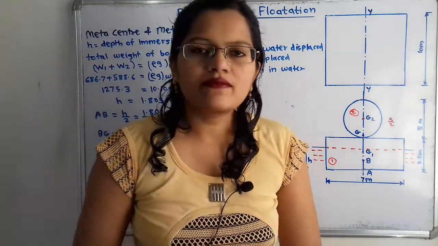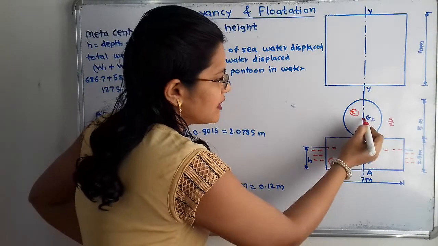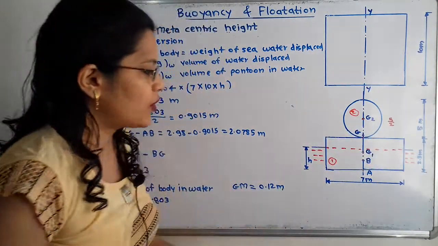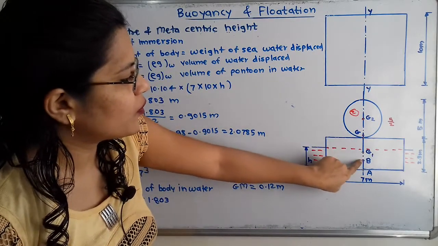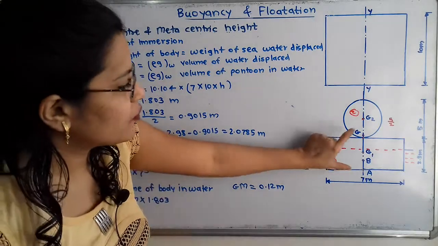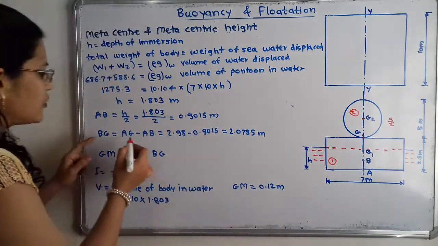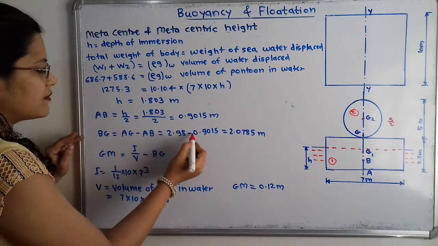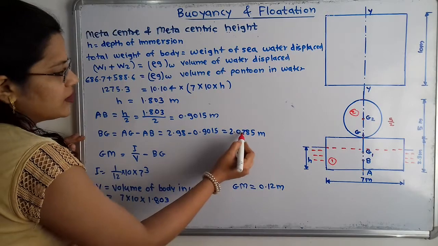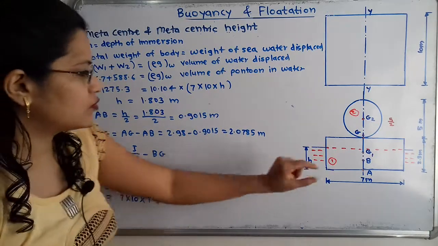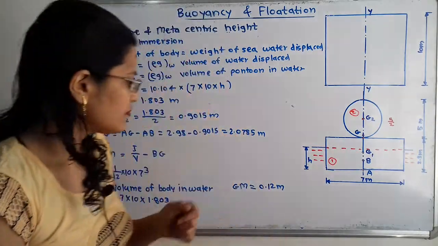So now we know where the point B is located, as well as the point G. So what is the distance between these 2 points, from B to G? That is AG minus AB. AG we have already calculated, so 2.98 minus 0.9015 is equal to 2.0785 meter. This is the distance between point B and G.